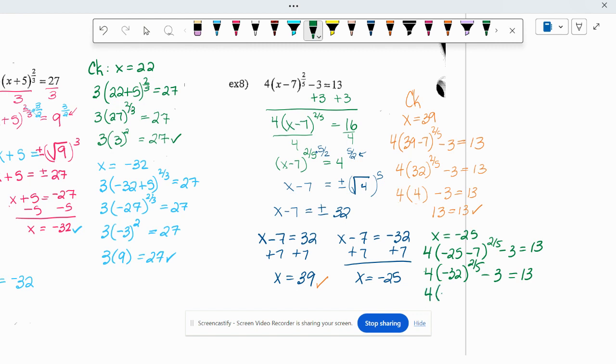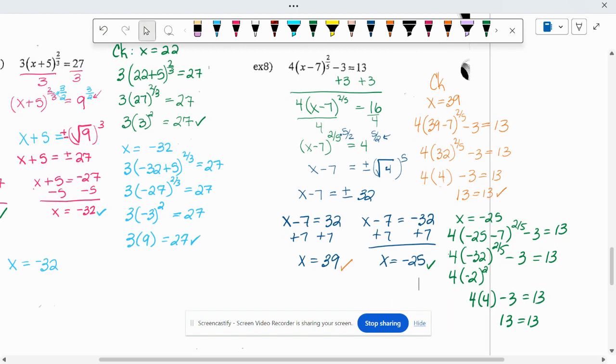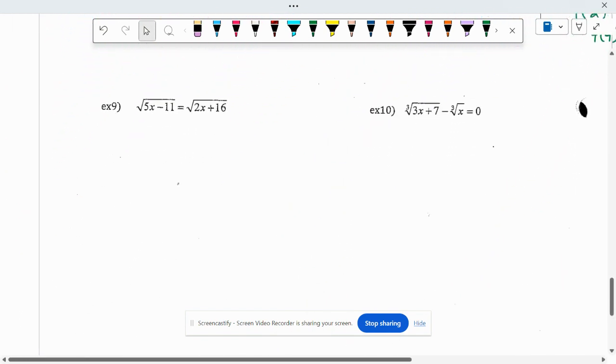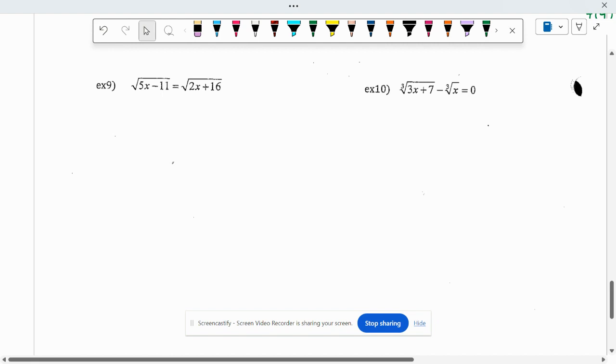So I have 4 times negative 2 squared. Well, negative 2 squared is just a positive 4. So I really have 4 times 4 minus 3 equals 13. 4 times 4 is 16, minus 3 is 13. So both of my answers work. Both solutions are correct. Okay, let's go on to example number 9.